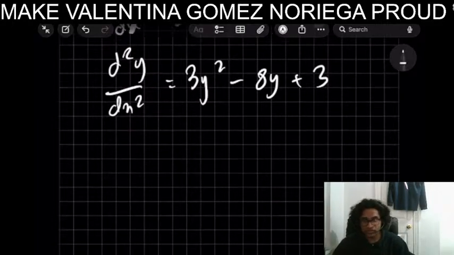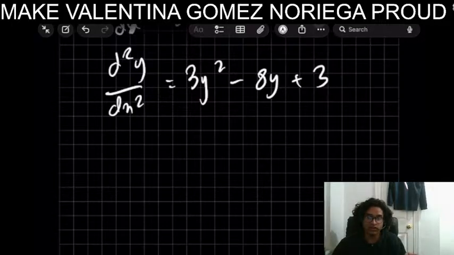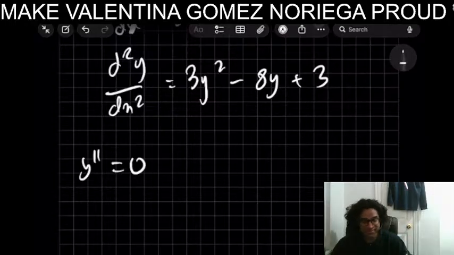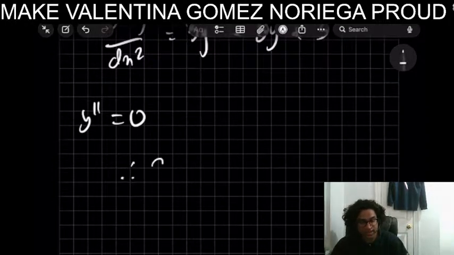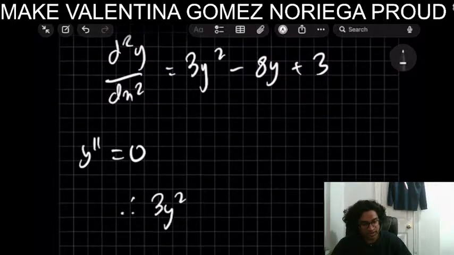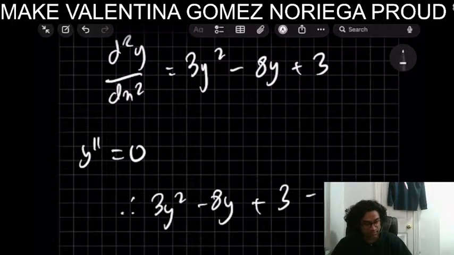And also we need to check the concavity, where y prime prime is equal to 0. Which means we're going to have 3y square minus 8y plus 3 is equal to 0. Right? This will be the equation.